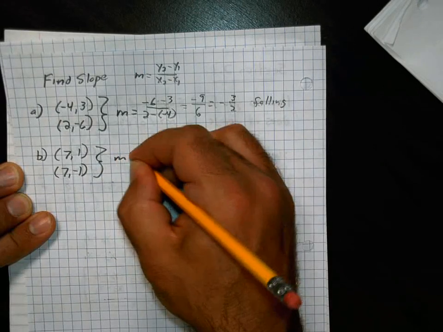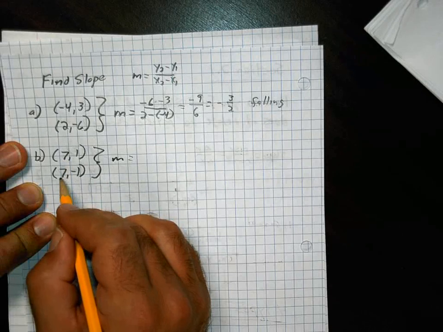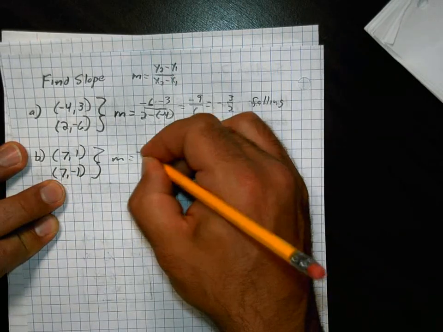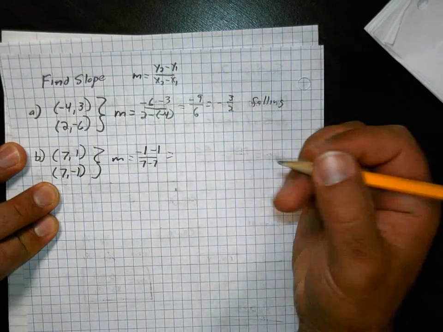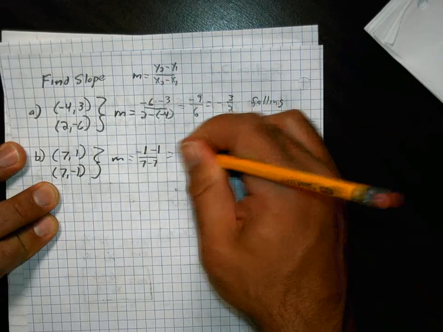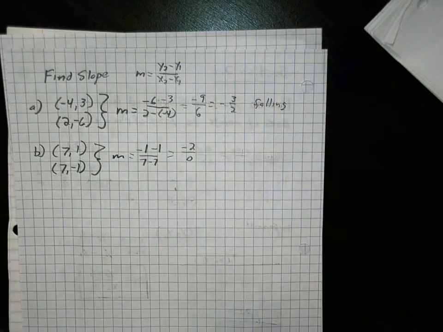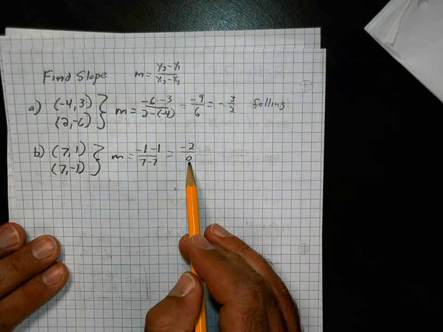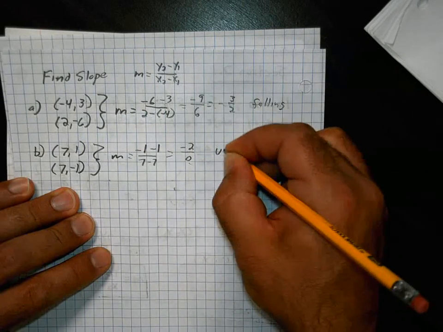So in this case, let's make this x1, y1, x2, y2. So negative 1 minus 1, 7 minus 7, negative 2 over 0. So we can't divide by 0, right? So that would indicate that this is undefined.